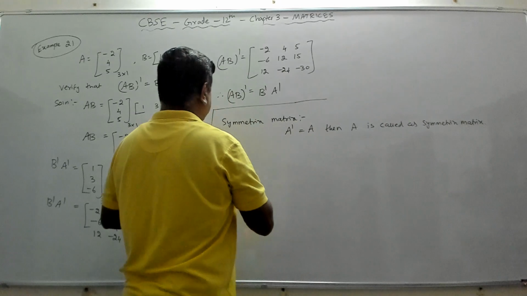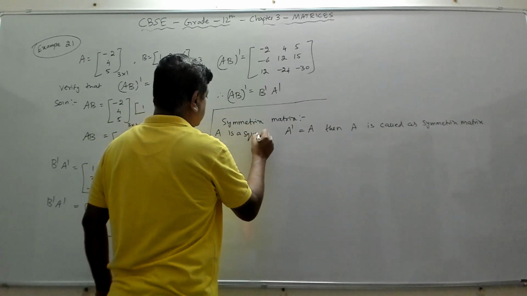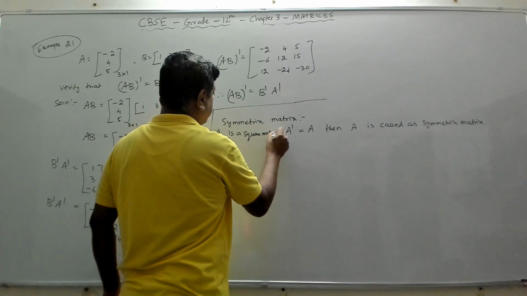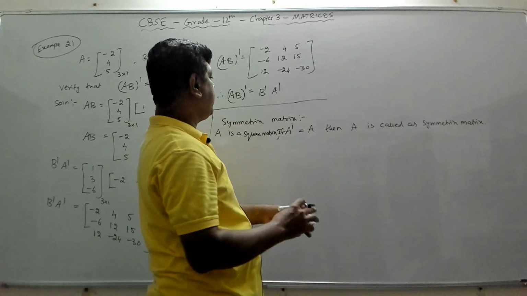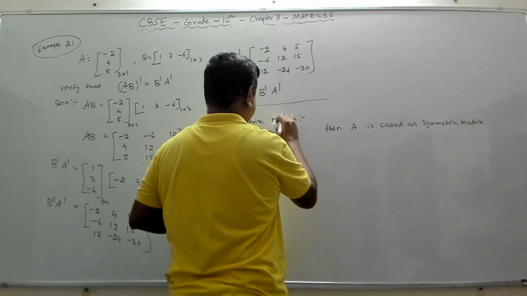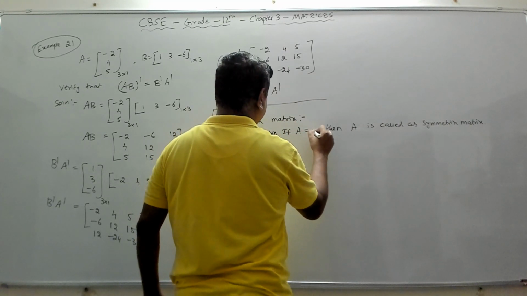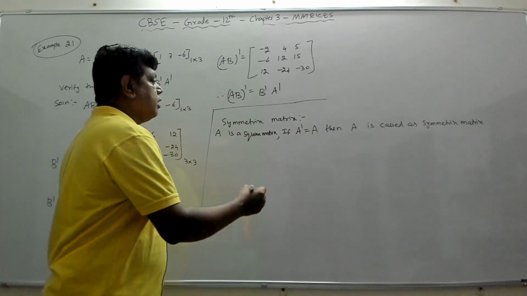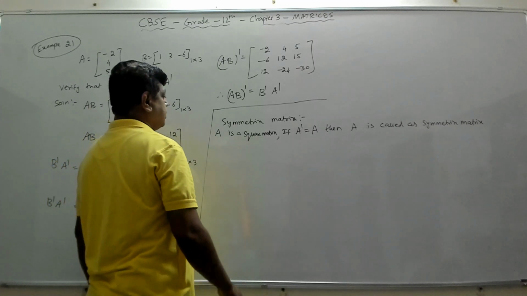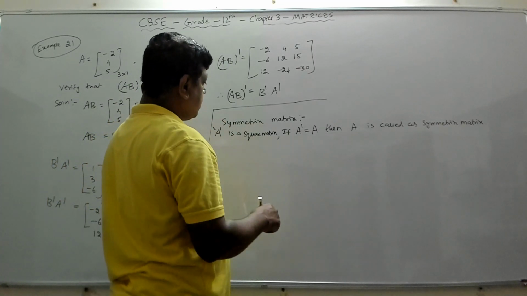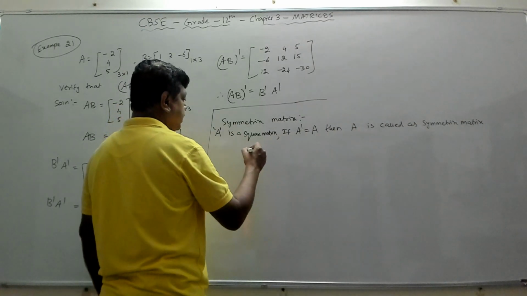So A is a square matrix, and if A transpose equal to A, then A is called a symmetric matrix. We will take an example.